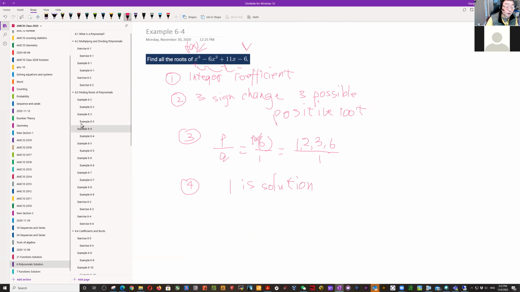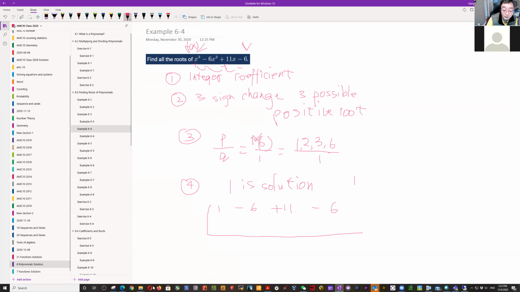So if 1 is a solution, we can use synthetic division. Let's verify there are no missing terms. We have 1, minus 6, plus 11, minus 6.